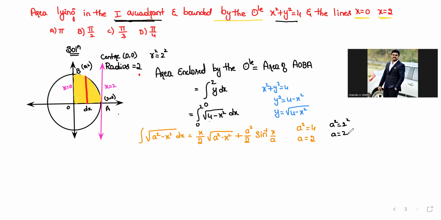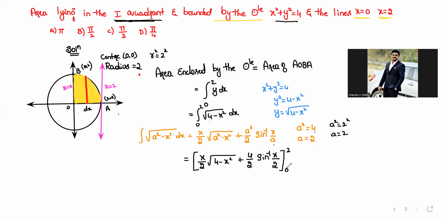So if we have a square we use 4, and if we have a we use 2. Now observe, I'm using the formula: x by 2 square root of a square, which is 4 minus x square, plus 4 by 2, a square being 4, sine inverse x by a, which is 2, and upper limit is 2 and lower limit is 0.